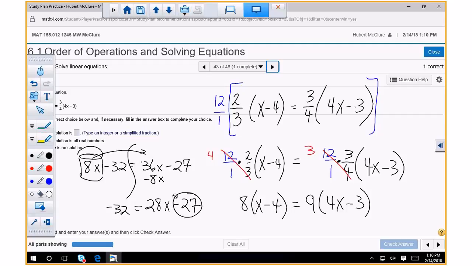Bring that 27 across the river. And negative 32 plus 27 is what, 5? Be a negative 5 is equal to 28x. X is equal to negative 5 over 28.